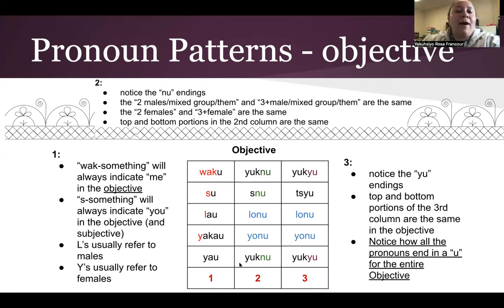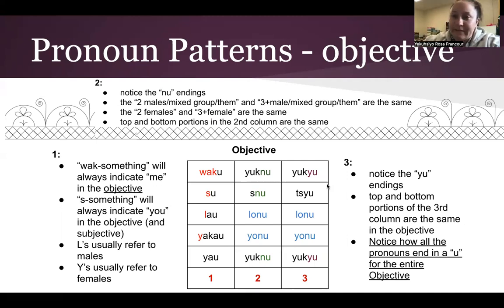My bad. Pronouns for 2 males and 3 or more males are exactly the same. Same thing with the females. 2 females, 3 or more females, exactly the same. So we have lonu, lonu, yonu, yonu. Top and the bottom of the second column are exactly the same as well. Yungnu and yungnu. We'll talk about the patterns between the subjective and objective shortly.